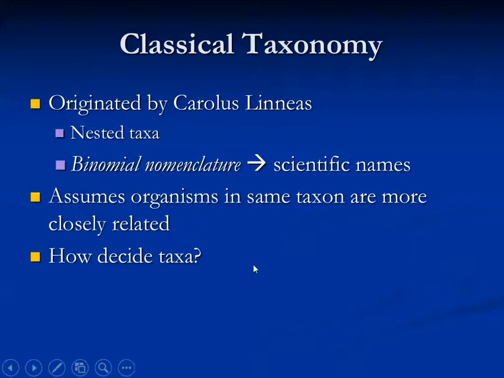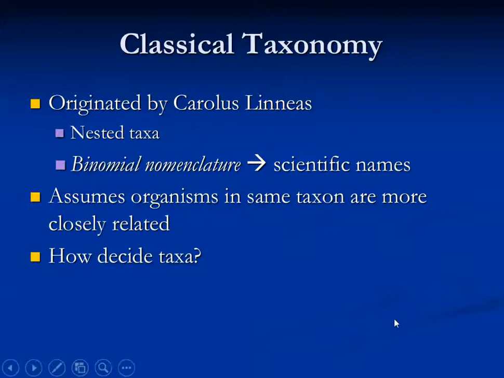All right, and again, with taxonomy, we assume that organisms in the same taxon are more closely related. So obviously, all organisms of the same species are very closely related and they can interbreed. But if 2 species are different but are in the same genus, then we would assume they are very closely related, more closely related than a species in a different family.